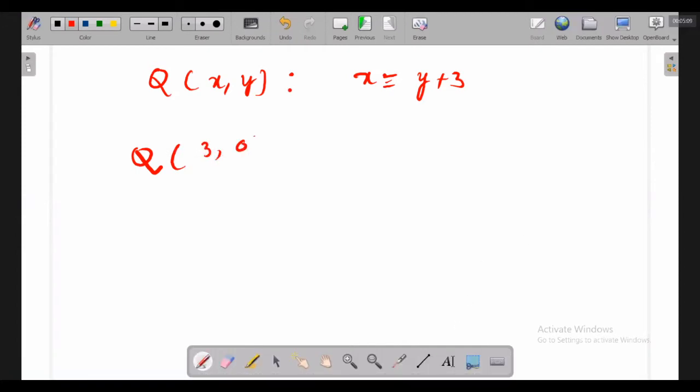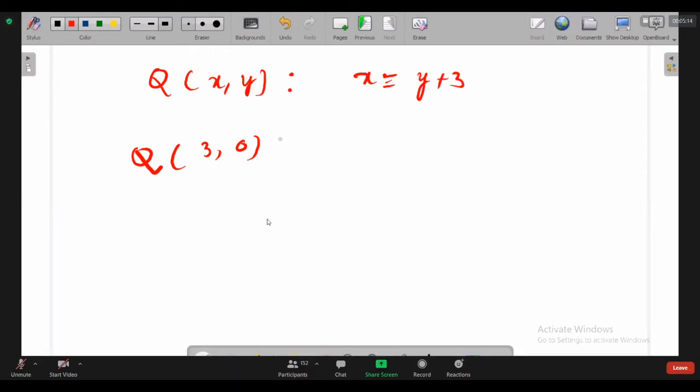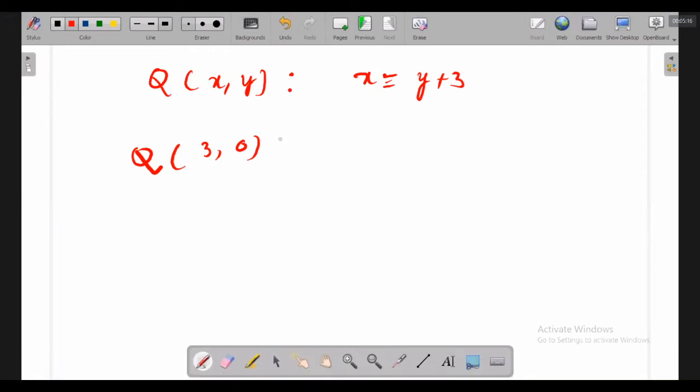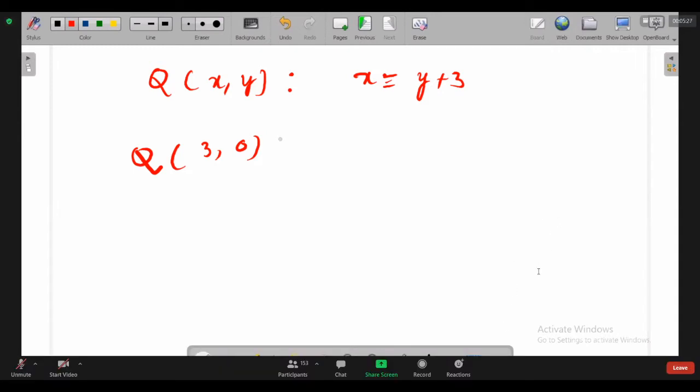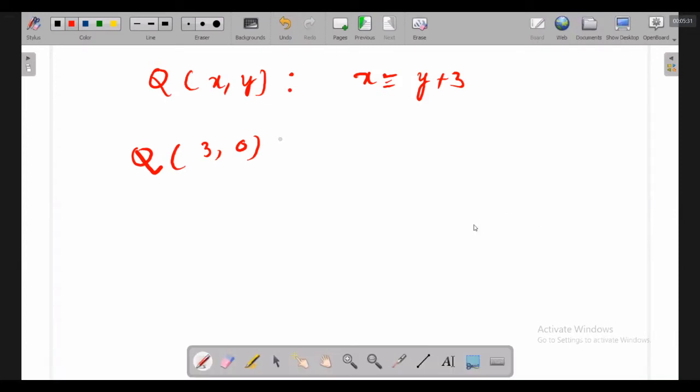Q of 3 comma 0. What is the proposition value? Remaining members respond in the chat box.